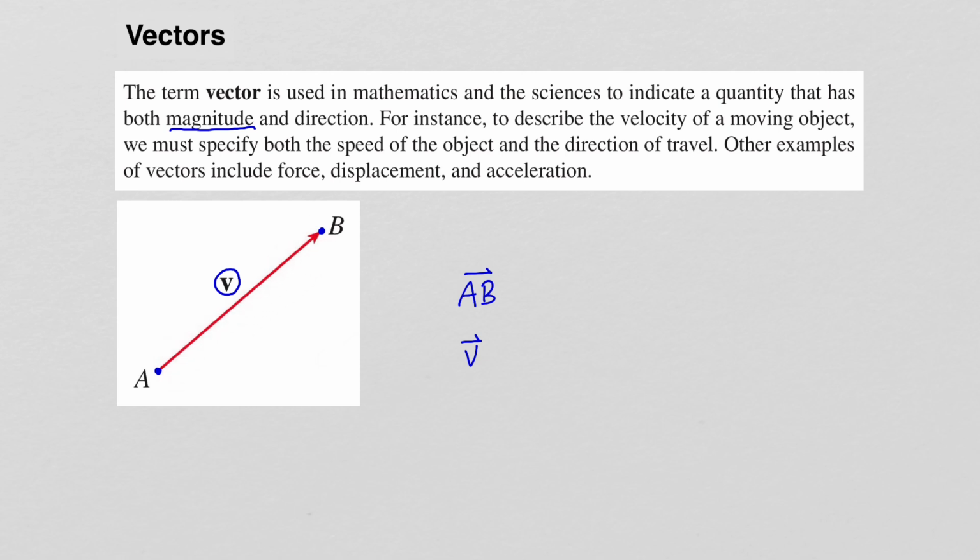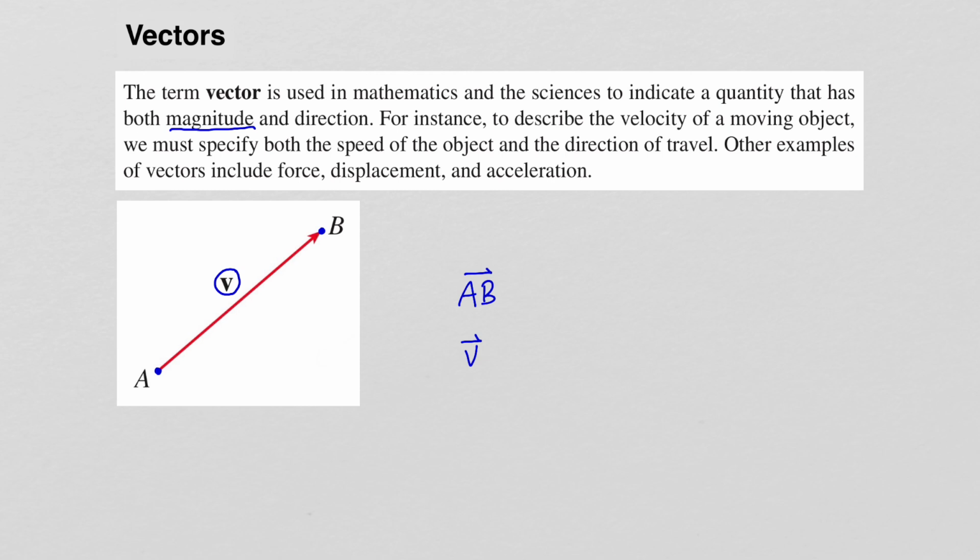And vectors can be used to describe things such as the velocity of a moving object, or it can represent force, or displacement, or acceleration. And the magnitude of the vector would be the quantity of what it is you're talking about.